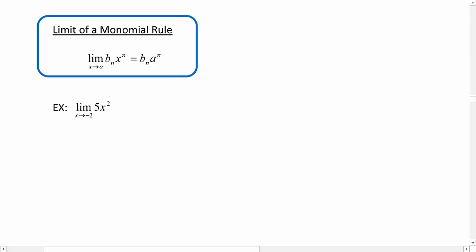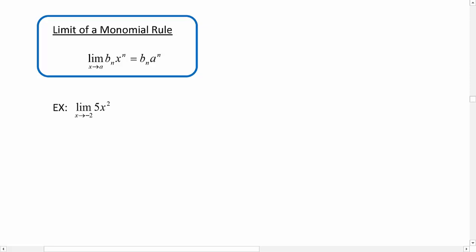Now that b sub n there, that's just a coefficient. The only reason that it has a subscript on it is because eventually we're going to expand to polynomials, and we know a polynomial is a bunch of monomials added or subtracted together.